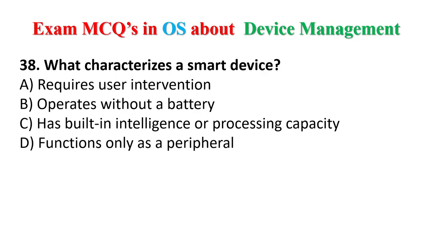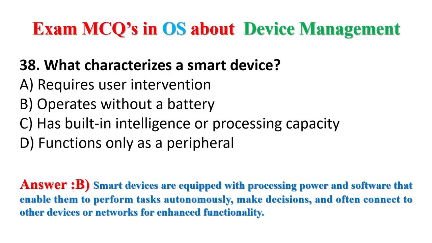The characteristic which best describes a smart device rather than other devices is built-in intelligence or processing capacity. Smart devices are equipped with processing power and software that helps them perform tasks automatically, make decisions, and often connect to other devices or networks for enhanced functionality. So B is the correct answer.